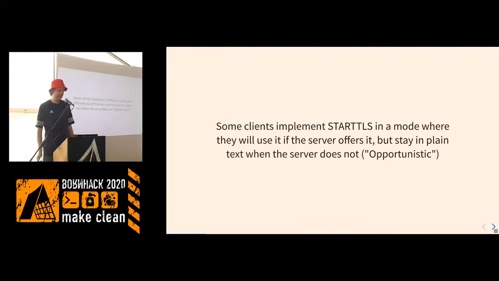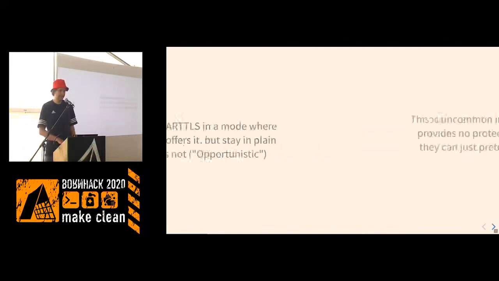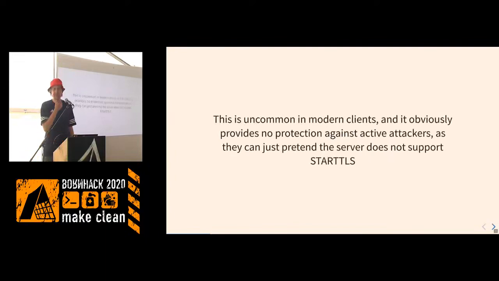And it is obvious that this does not provide any protection against an active attacker, because the attacker can, for example, just strip out this STARTTLS capability from the server answer, and then the client thinks the server doesn't support it.